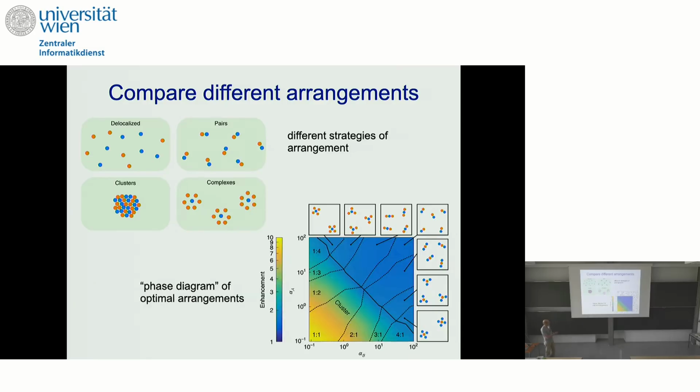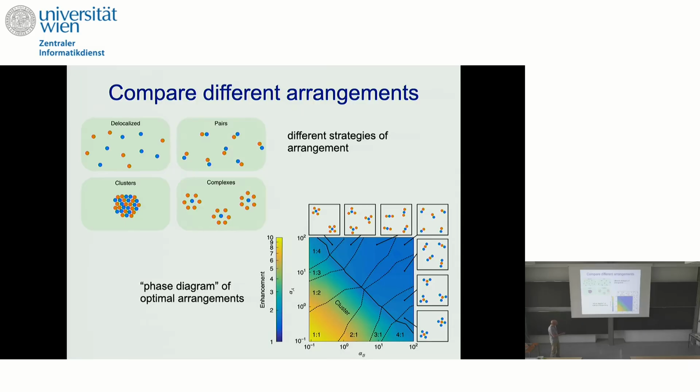And here, this is kind of a phase diagram of the optimality of the system. So let's say you vary the reaction rate constants of the first reaction and the second reaction, and have a fixed number of enzymes, and ask, well, for what combination, and what is the best strategy of placing the enzymes?